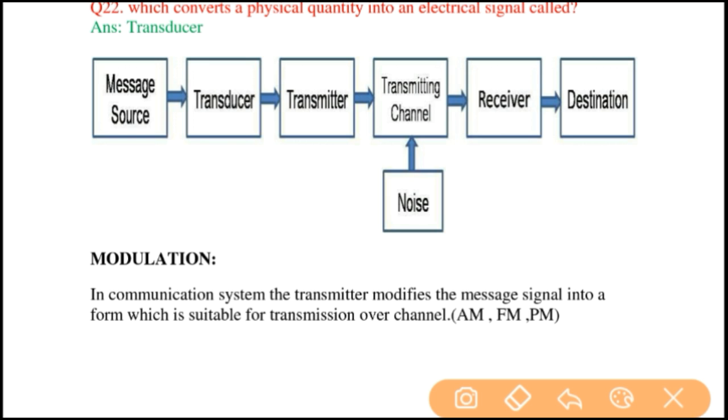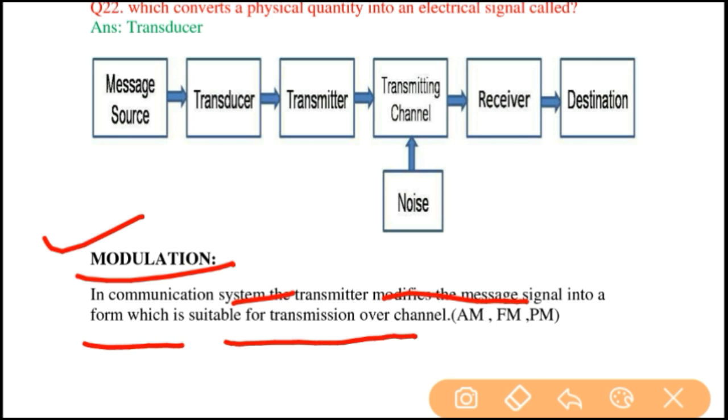For this process, we have modulation as well as demodulation. In modulation in a communication system, the transmitter modifies the message signal into a form suitable to transmit over a channel. That is called modulation. We have three types of modulation: AM, FM and PM.